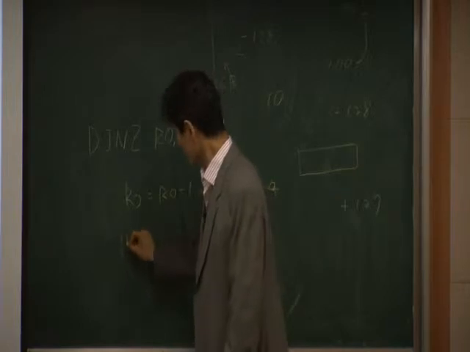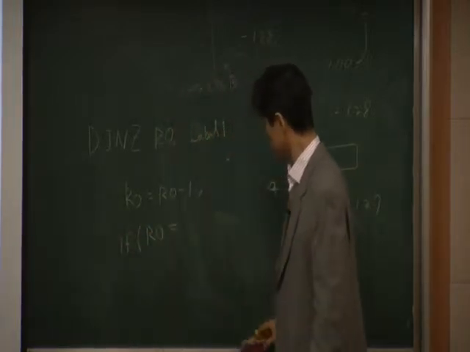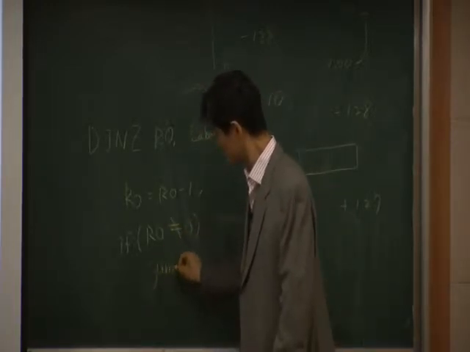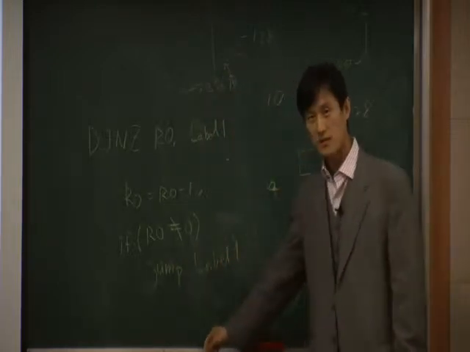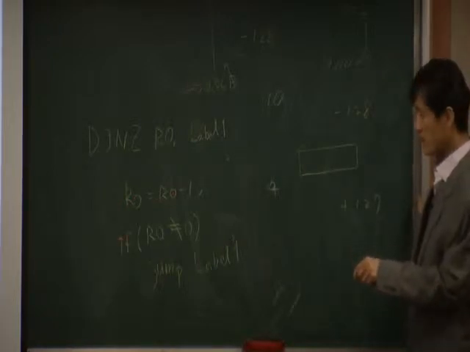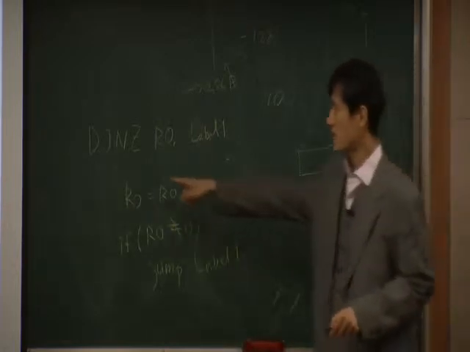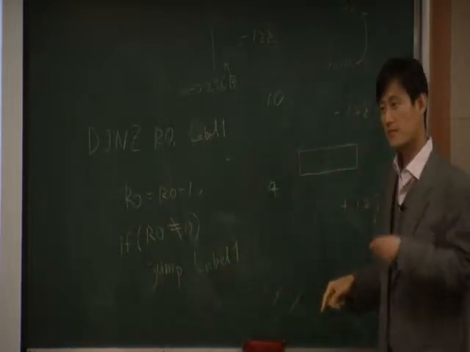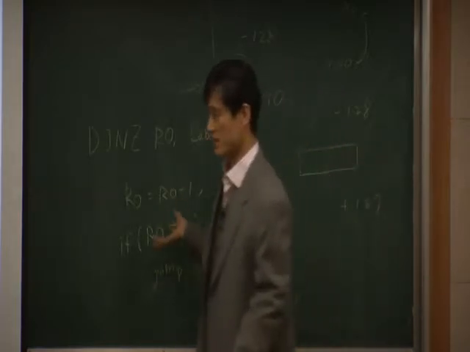And then if this is what this means, right? You first decrement. And after you decrement, if the R0 is not 0, we have NZ, right? Not 0, then you jump. Okay? You combine all these things, just one instruction for all these things.